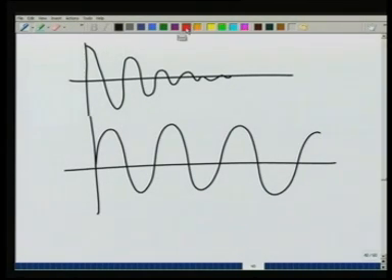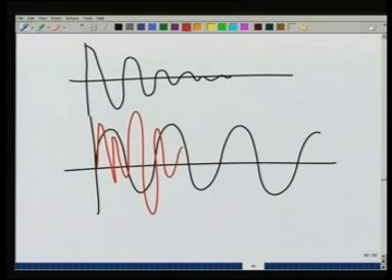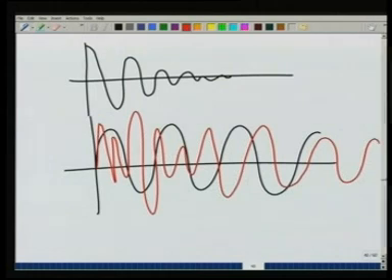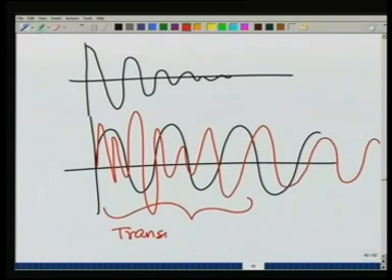Let me show it here. The total solution may look something like this. And then finally, it goes to the steady state solution. These are known as transients because they exist for a short time of the order of 1 over gamma.